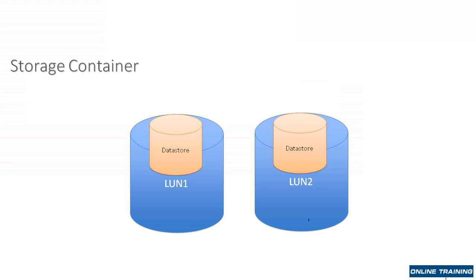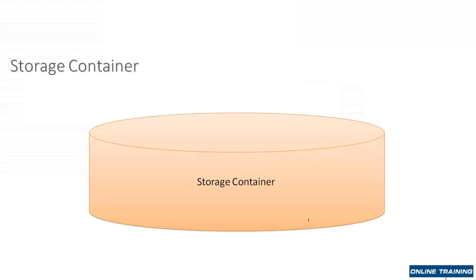Now, with VVOLs, the concept of a LUN and data store go away. With VVOLs, we're going to have a new object called a storage container. All of our VVOLs, our virtual volumes, are going to be stored in this storage container, and the storage container doesn't have the traditional limitations of a LUN. The only restriction is the maximum actual physical storage capacity of the array.